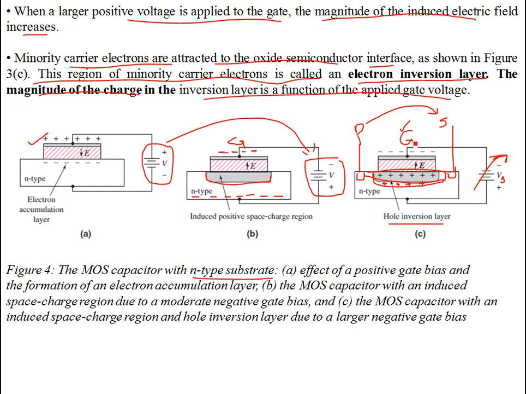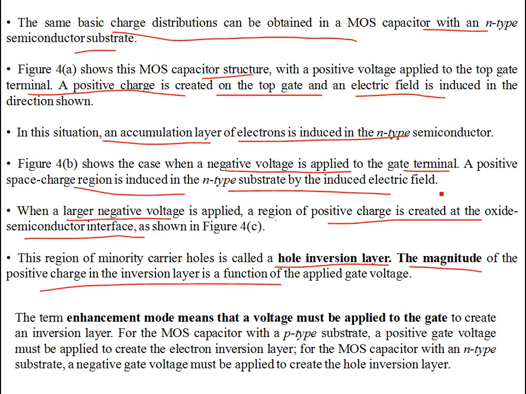If you increase the gate voltage, you'll have more holes in the depletion width or in the channel that is being induced. So this inversion layer is important for the conduction of current. You're altering the conductance of the semiconductor, and the number of minority charge carriers in this channel, through the gate voltage.